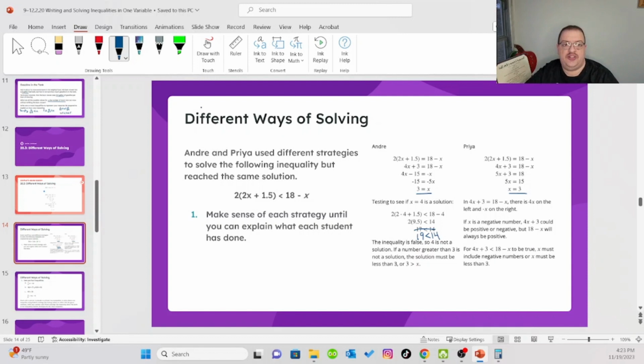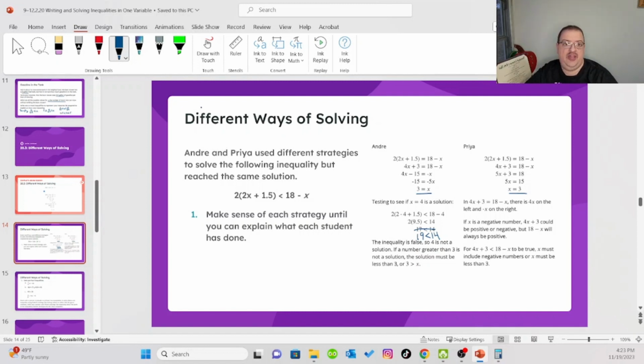And that is not true. So because 4 makes this inequality not true, every number on that side of the point would make this inequality not true. Therefore, Andre knows that when he puts the point at 3, he's going to draw the number line to the left, because those numbers will make the inequality true.